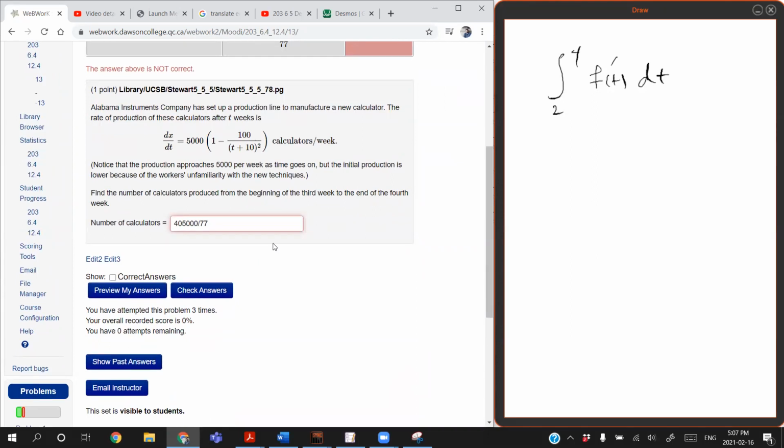So let's see. Let me do the calculation again from 3 to 4. That's going to be 1 over 14 minus 1 over 12 times 500,000 plus 10,000.